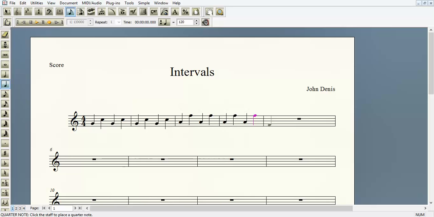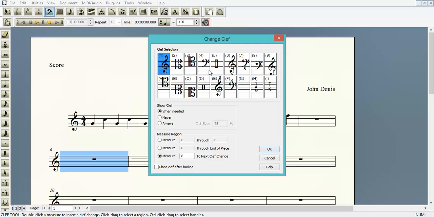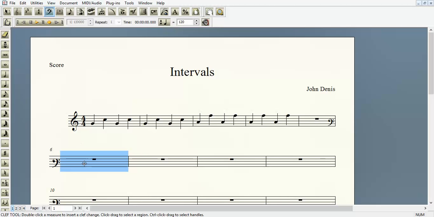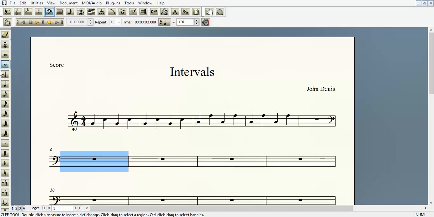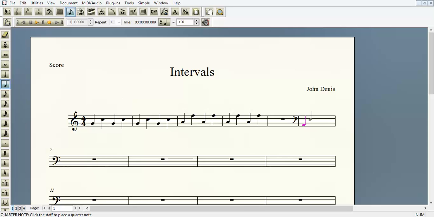Let's do one more. How about a fifth? Starting here. Actually, let's do it in bass clef, even better. Just so we can get some more practice with bass clef. So I'll switch my clef to bass, which changes the names of the letters. So now I've got an A. Where would my fifth be?